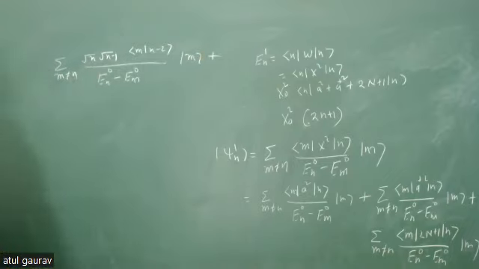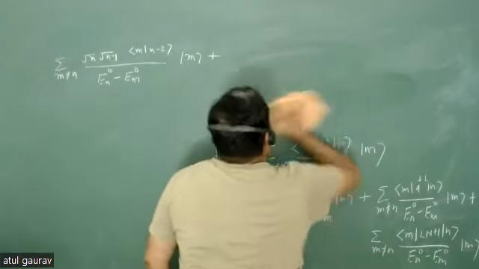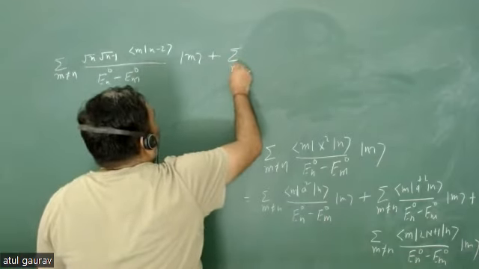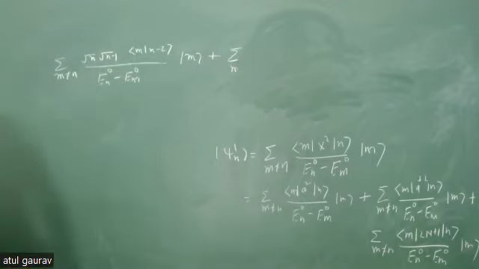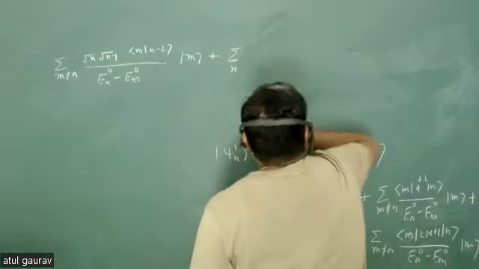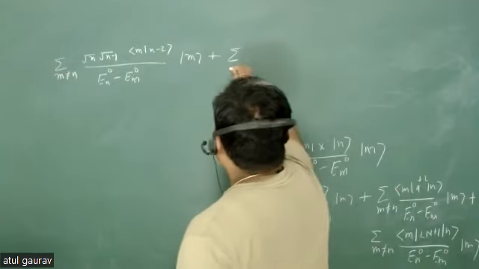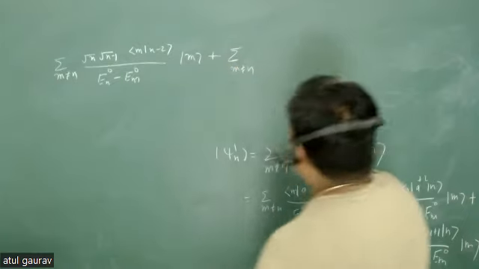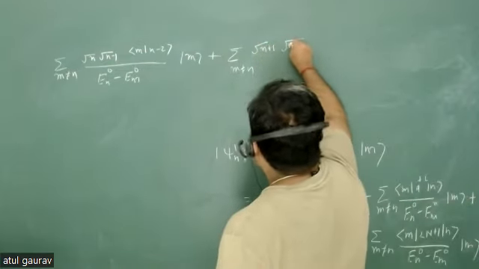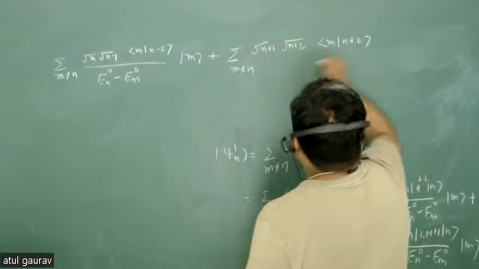What about the second term? Root n plus 1 into root n plus 2. Just a minute, let it dry. So m not equal to n, what we have is root n plus 1, root n plus 2, <m|n plus 2>.